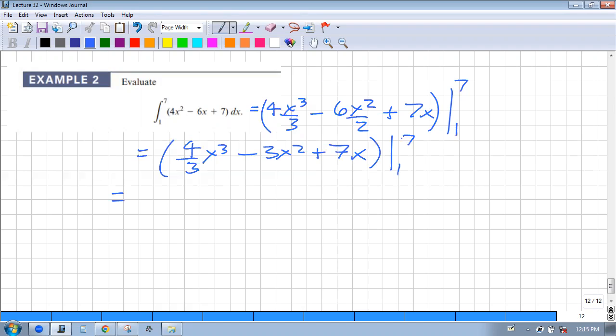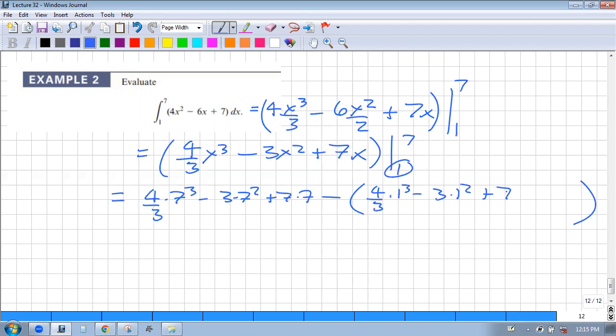So first thing we do is we plug in a 7. Then we subtract, and then we plug in our 1. And that's it. We need to do the arithmetic.